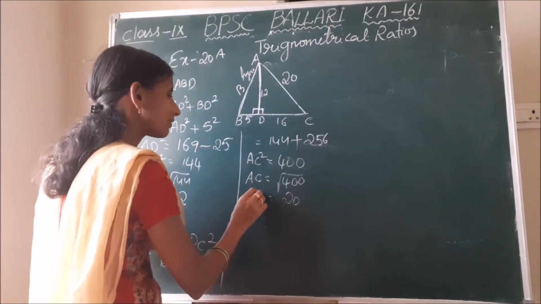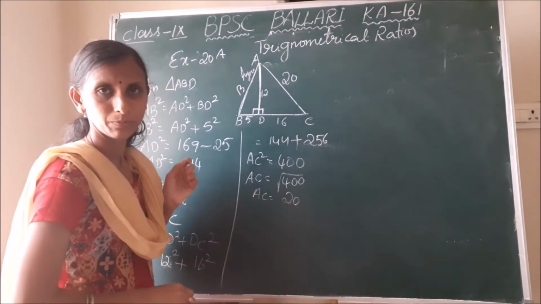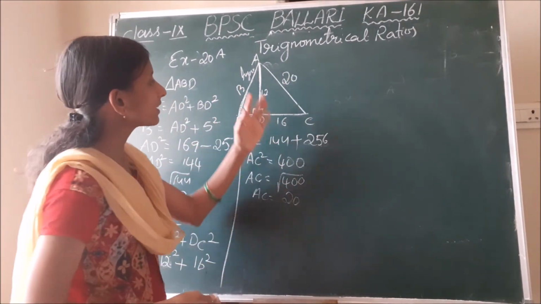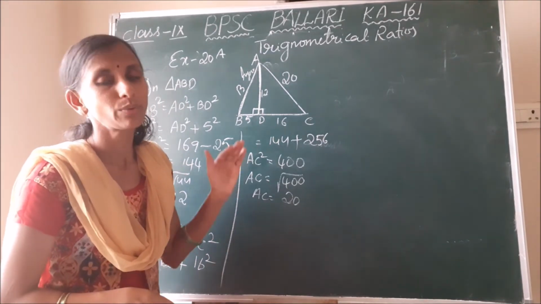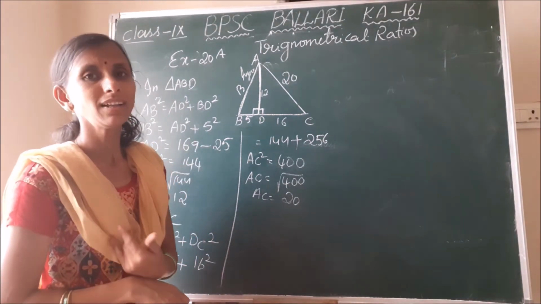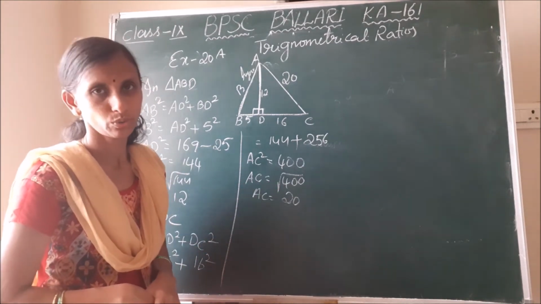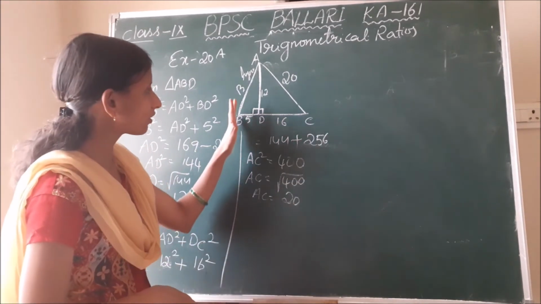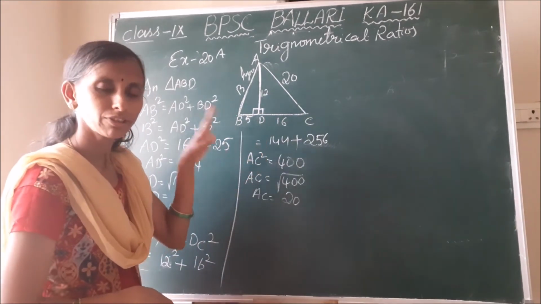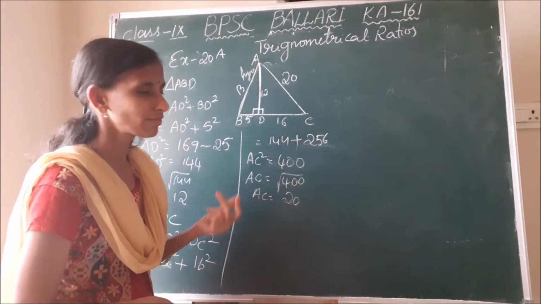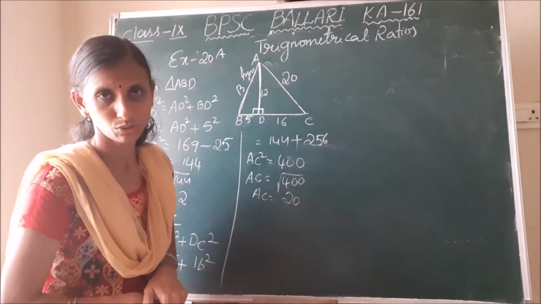So AC is equal to 20. Now we know all the sides of the given triangle, so we can find the trigonometrical ratios. You can find that on your own. I have found all the sides of the triangle which we need, so from this you can find the trigonometrical ratios.